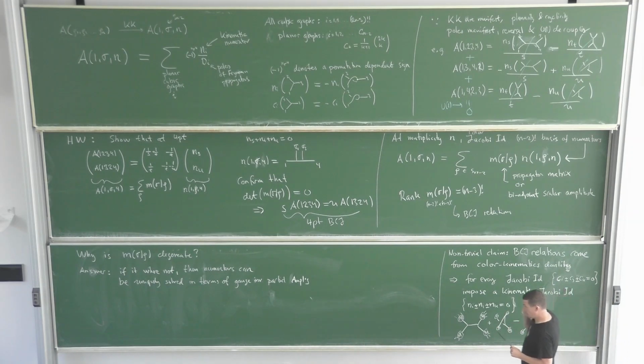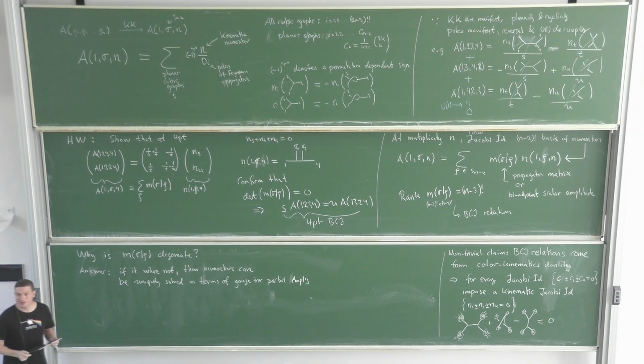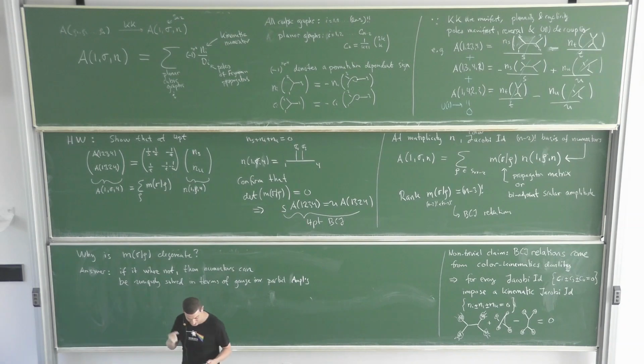So if you have local numerators and you can make them satisfy the Jacobi relations, and it's a gauge theory, you know that this matrix has to be degenerate. Otherwise, there's a contradiction in having non-gauge invariant numerators, like non-gauge invariant Feynman diagrams.